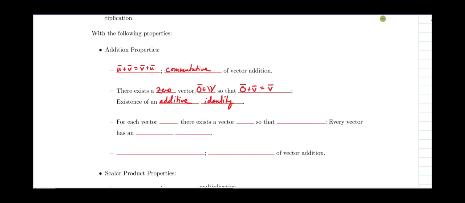Then for each vector v in our vector space, there exists a vector negative v in our vector space, so that if we were to add v plus negative v, we end up with the 0 vector. Another way of saying that is that every vector has an additive inverse.